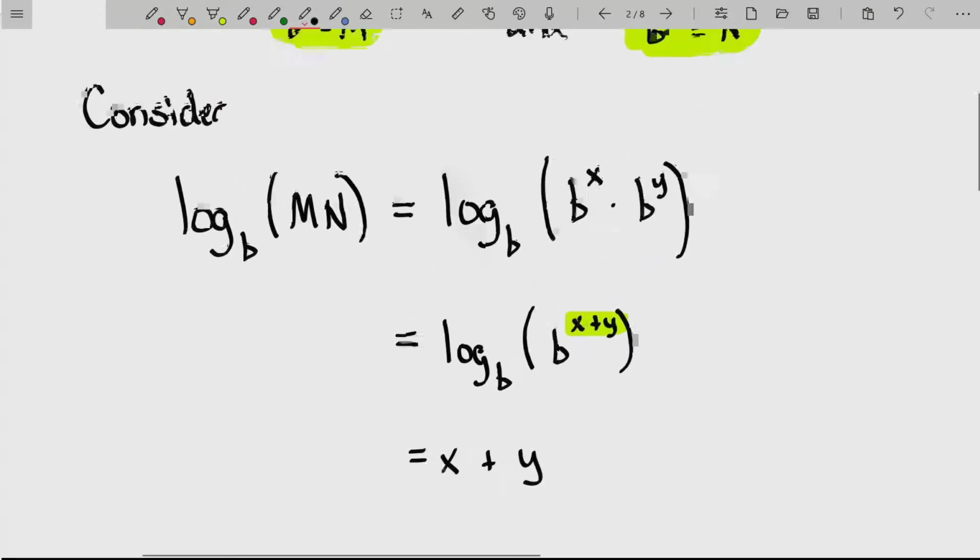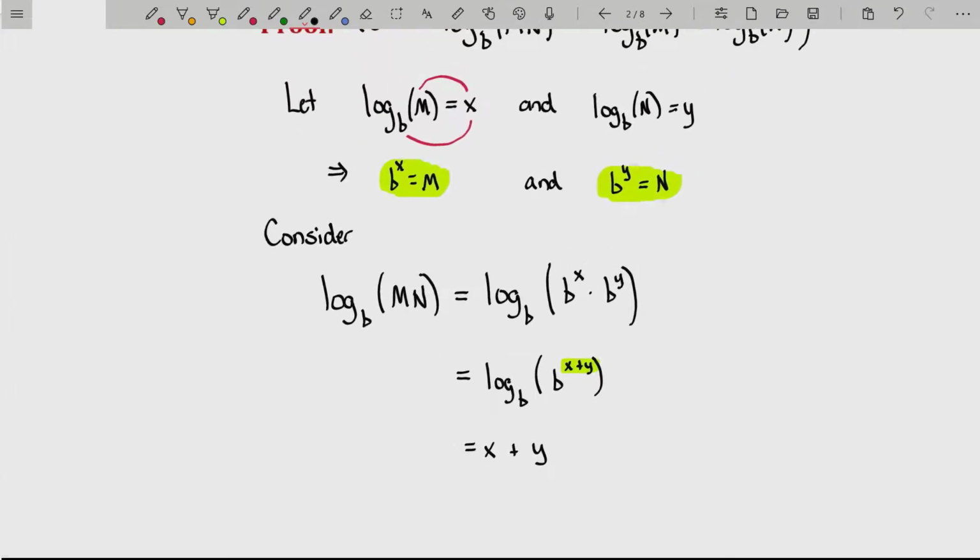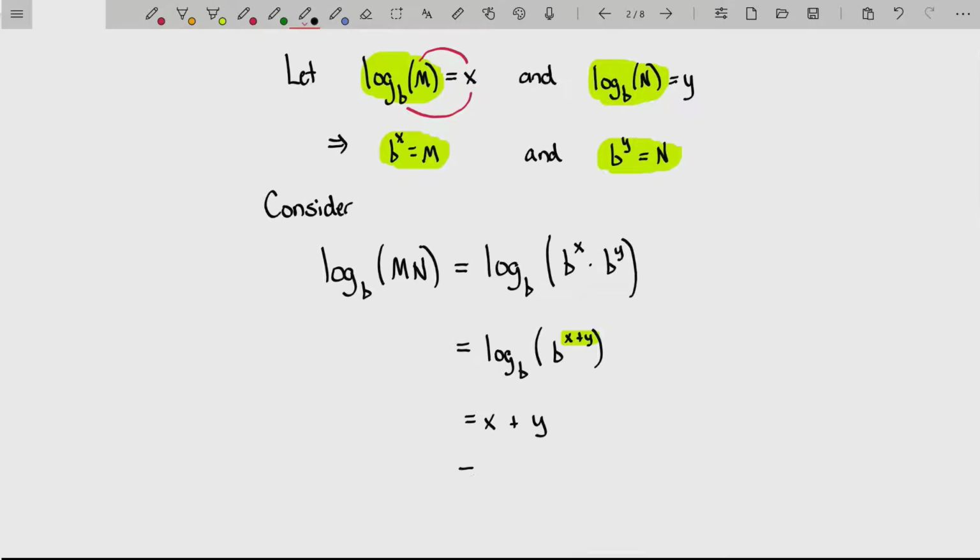However, we know something about x and y. We had defined x as log base b of m, and y as log base b of n. So I'm going to trade x and y out for those symbols. So instead of x, log base b of m, and instead of y, log base b of n.